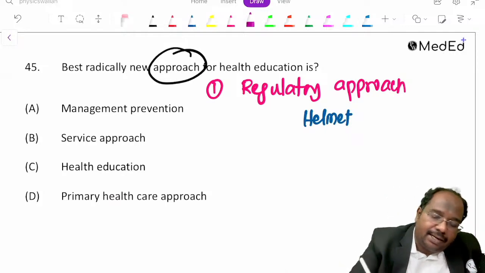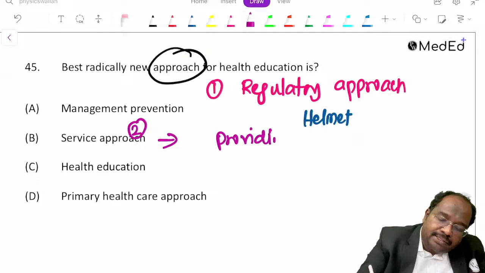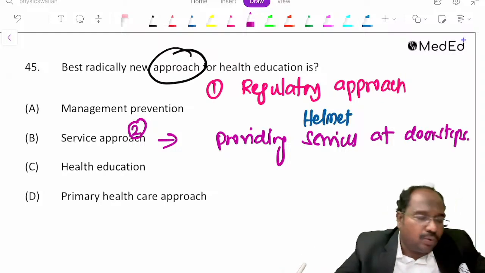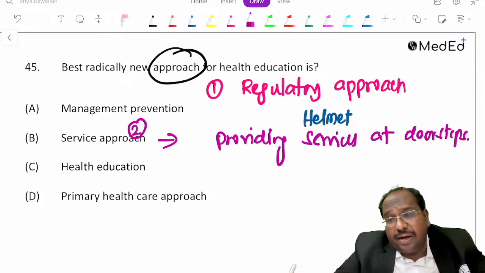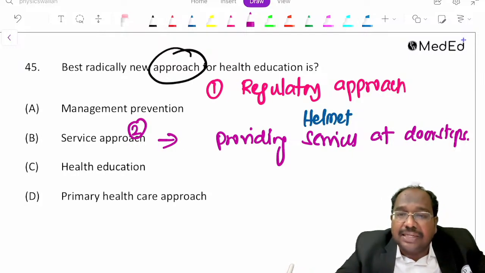That is regulatory approach. The second one is service approach. Providing services at doorsteps. So the government thought that in rural areas people are not using toilets, so let us construct toilets for them and let them use it.